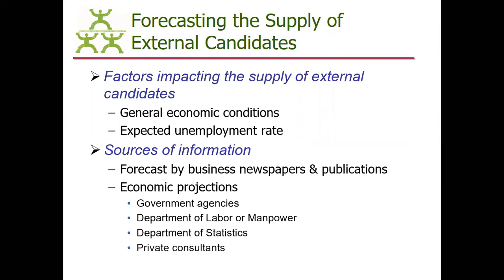The sources of information can be newspapers, business publications, or economic projections from government agencies, which also include the Department of Labor or Manpower, the Department of Statistics, and private consultants as well. So we can get help from private consultants as well.